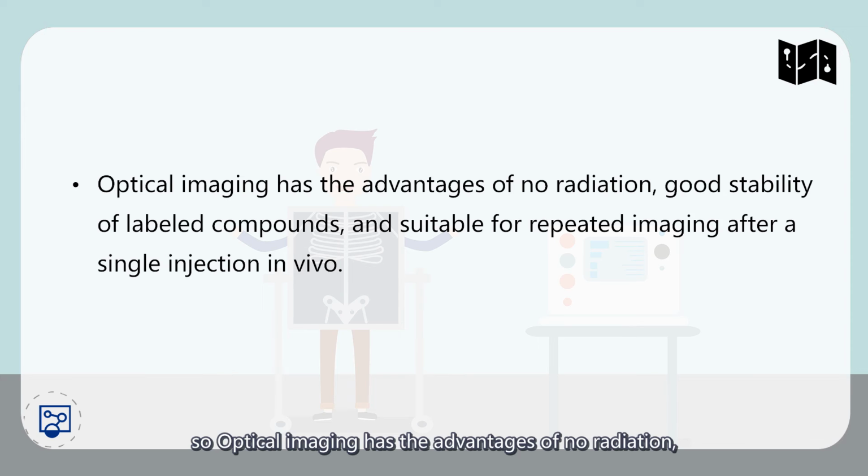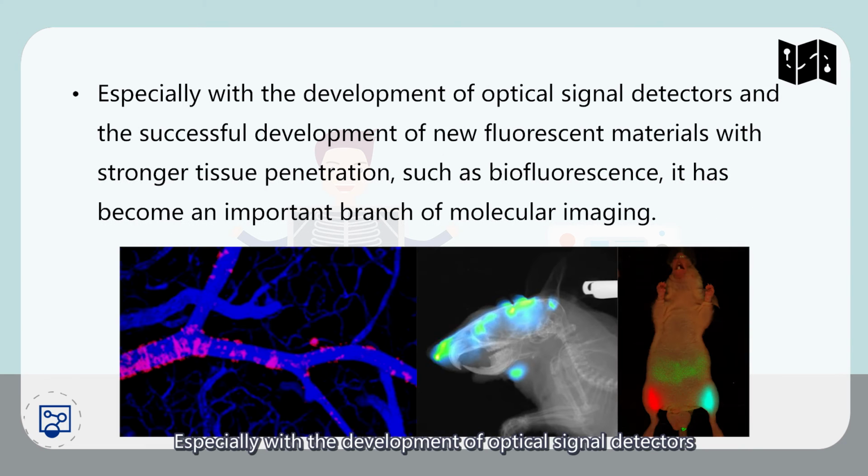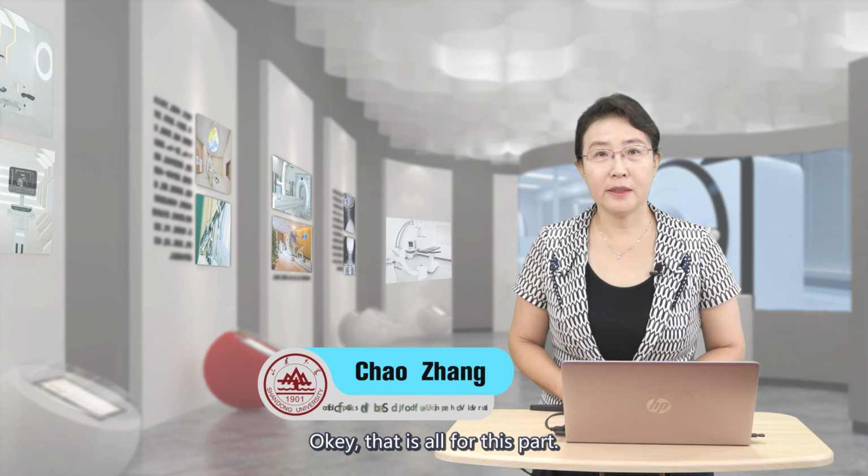So, optical imaging has the advantages of no radiation, good stability of labeled compounds, and suitability for repeated imaging after a single injection in vivo, especially with the development of optical signal detectors and the successful development of new fluorescence materials with stronger tissue penetration, such as bioluminescence. It has become an important branch of molecular imaging. Okay, that is all for this part.